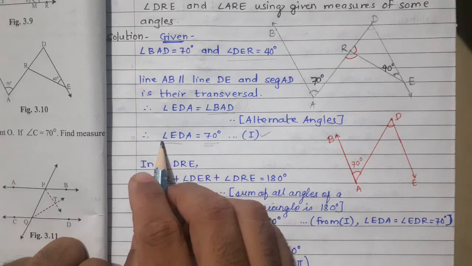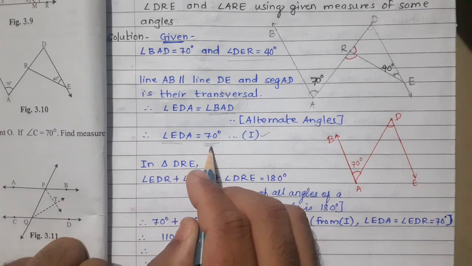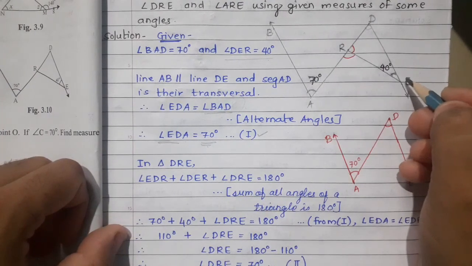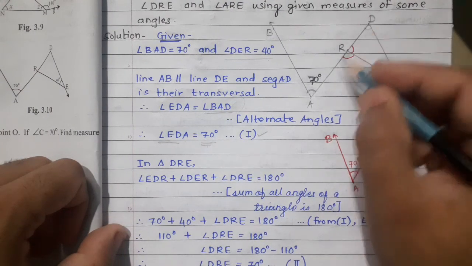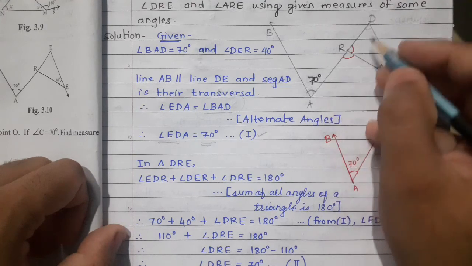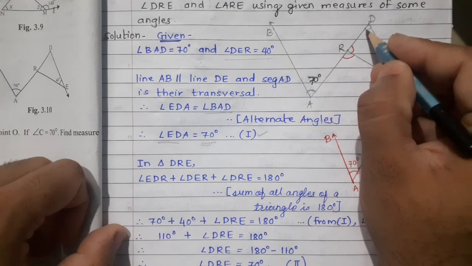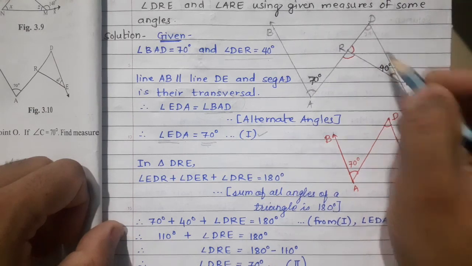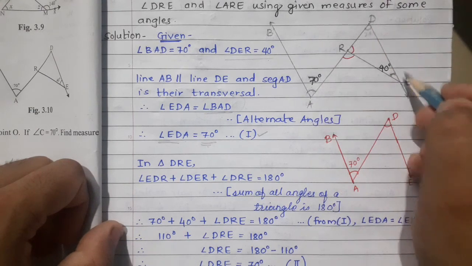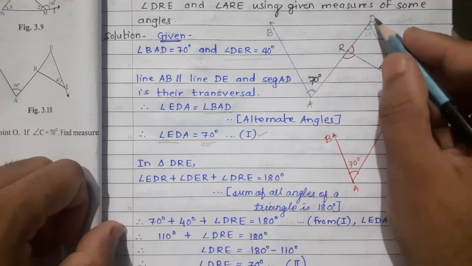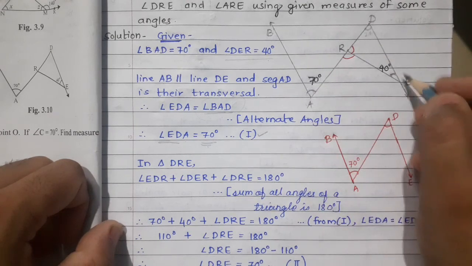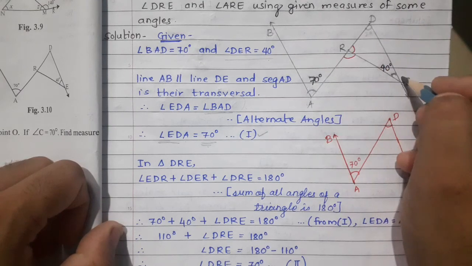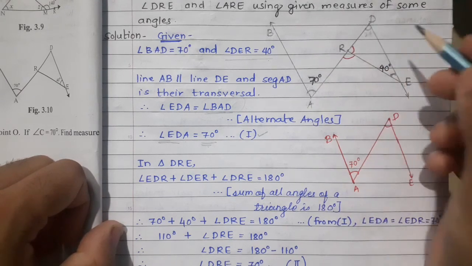So angle EDA is equal to 70 degrees. That means this angle is 70 degrees. Instead of EDA we can write EDR also, and the measure of EDR is also 70 degrees.